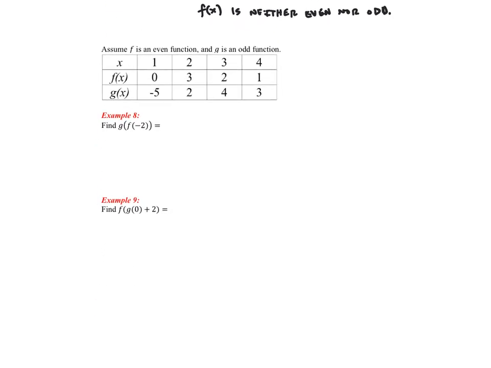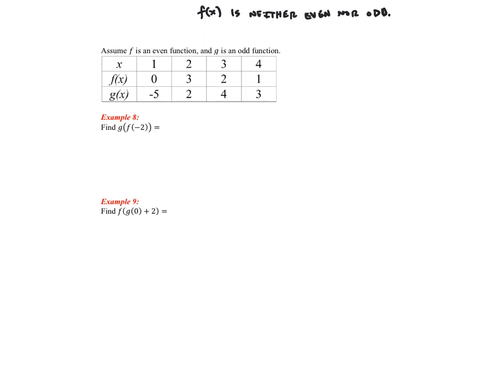Okay, so let's look at the last two examples here, and then we'll wrap up the video for today. Assume f is even and that g is odd. Example 8 says find g of f of negative 2. Well, the first thing that I'm going to do is, if f is even, then f of negative 2 is going to be equal to f of 2. All right, if it's even, that would have to be true.